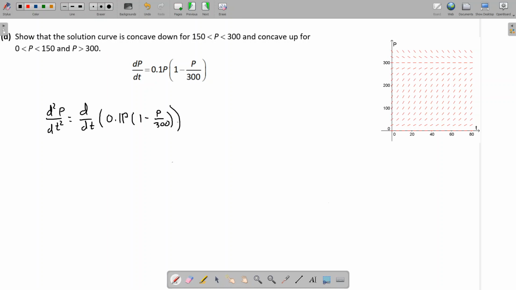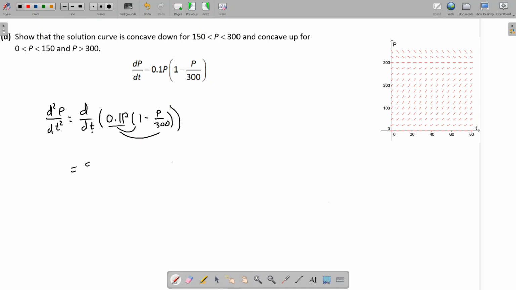Now notice we are taking a derivative with respect to t here, and that means that p is a function of t, so we're actually using implicit differentiation when we do this. You could differentiate right now, but you would have to use the product rule. So I'm going to start by just distributing this term through the parentheses.